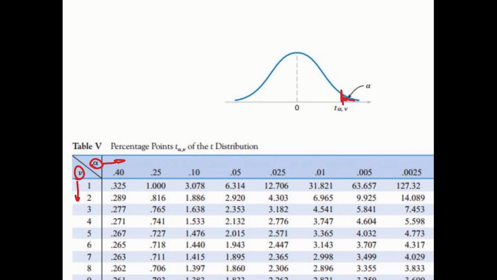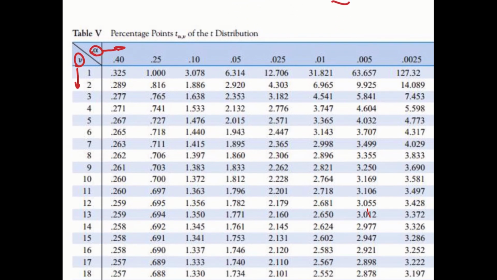So if this is t of alpha and nu, alpha is the area after that random variable under the t curve. So the first column is degree of freedom. The first row is alpha, or the probability. What we see within the table, these numbers, are t random variables.